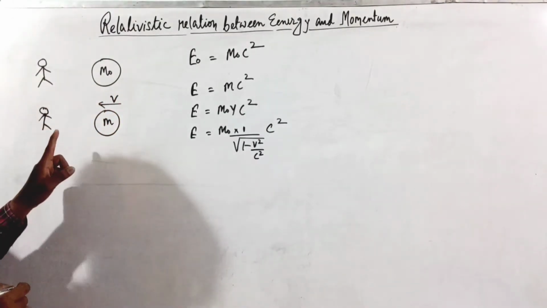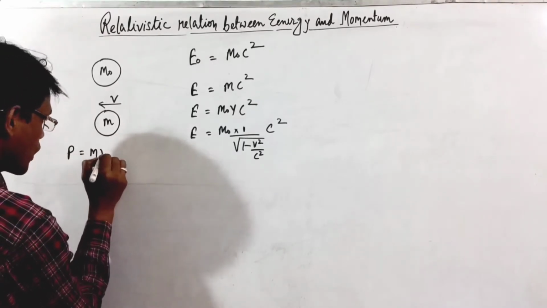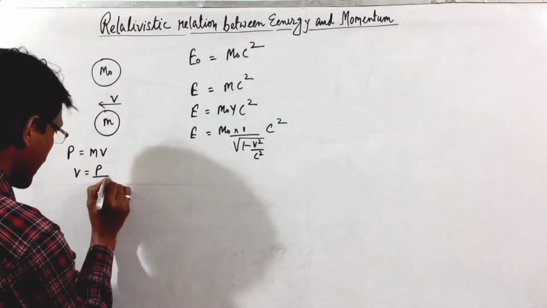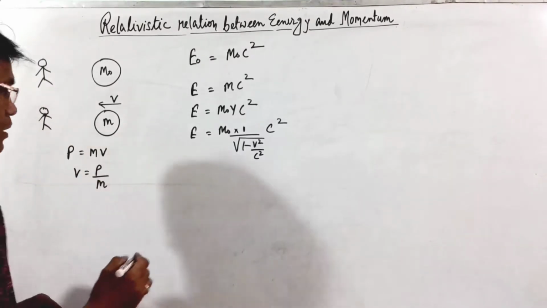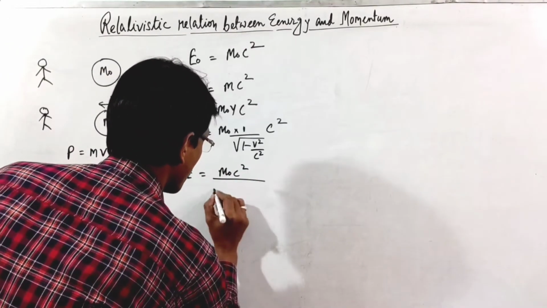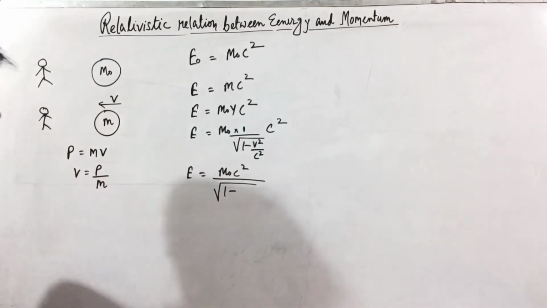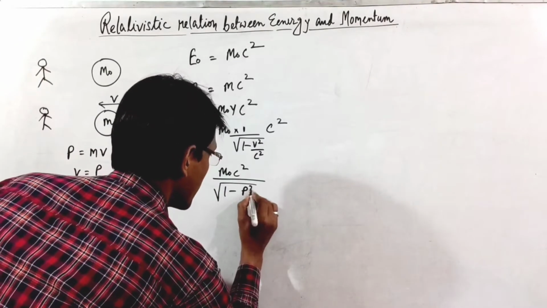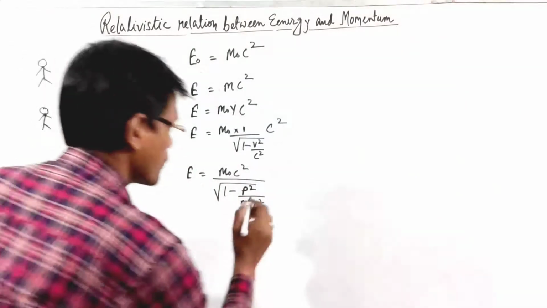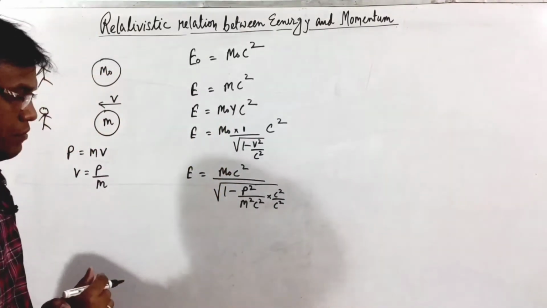Now what is the momentum of that object? We can write p equal to mv, then v equal to p by m. Let E equal to m0 c square divided by under root of 1 minus, in the place of v we can write p by m, so p square by m square c square, multiplying above and below by c square.